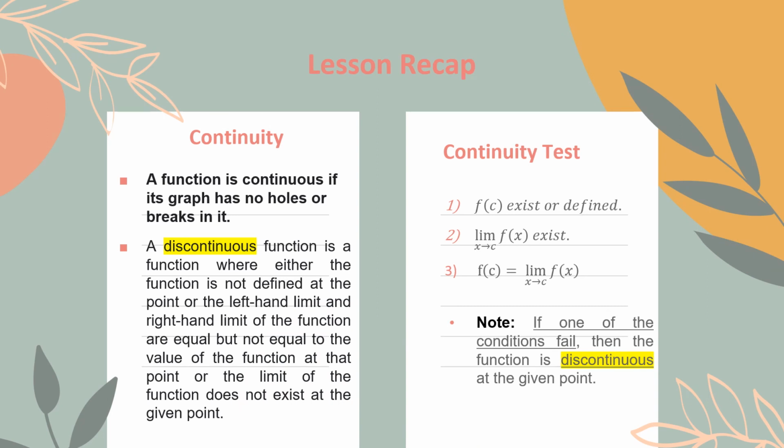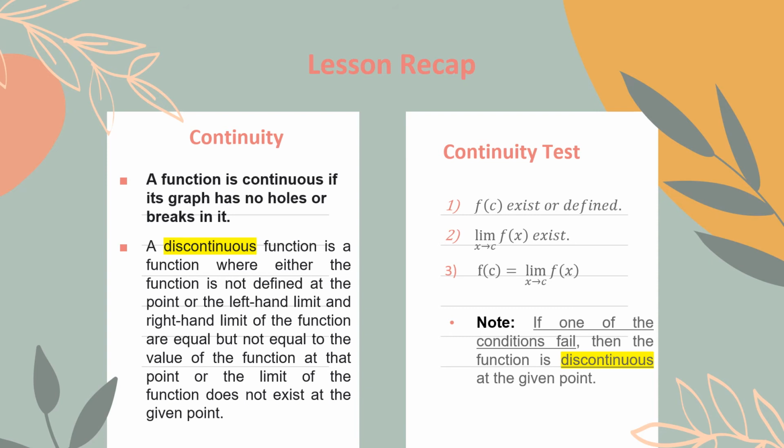So we'll have the lesson recap. Meaning of continuity: a function is continuous if its graph has no holes or breaks in it. If you walk and there is a hole, you can't walk straight and have to go back.